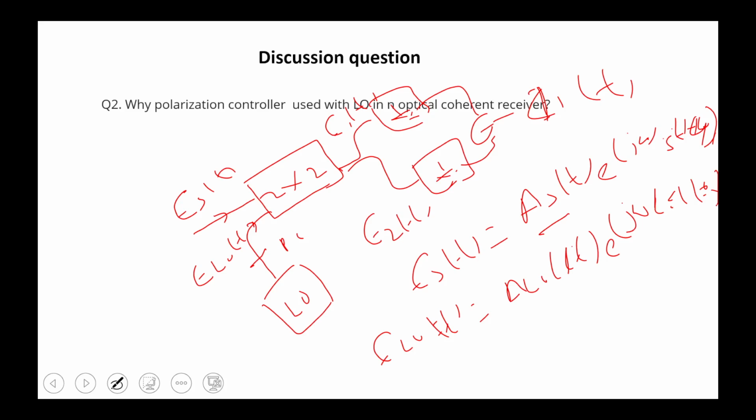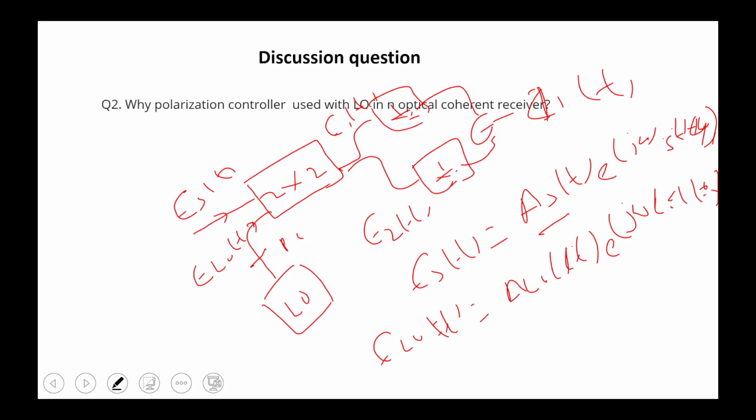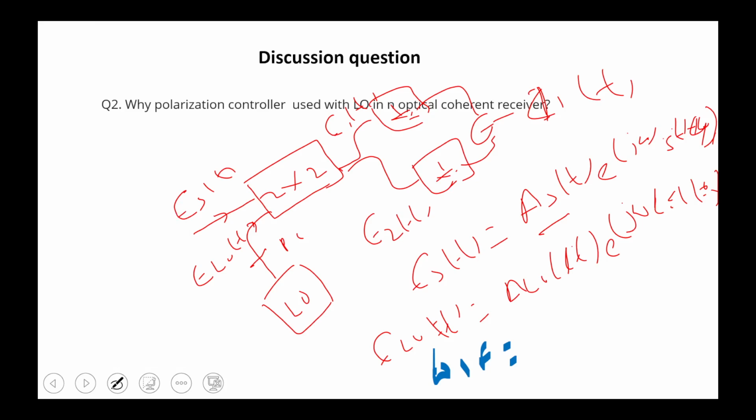So what happened, as I have already explained previously, is that in the heterodyne receiver there is an intermediate frequency. So omega IF should be omega s minus omega LO, and the change in the phase, delta phi, should be phi s minus phi LO.